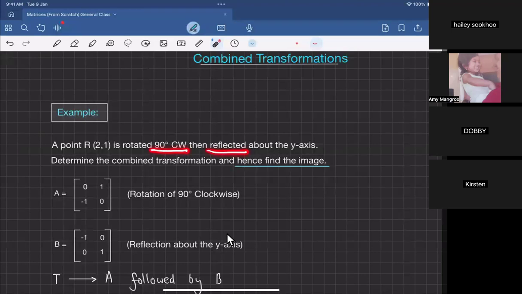Correct. But the catch is, typically we want to find a combined transformation. So Kiera, I understand that I rotate the shape and then I reflect it. You understand that, right? What if I wanted to find a matrix that does those two things but in one shot? How would I do that? This matrix over here rotates 90 degrees clockwise, and this matrix over here reflects about the y-axis.